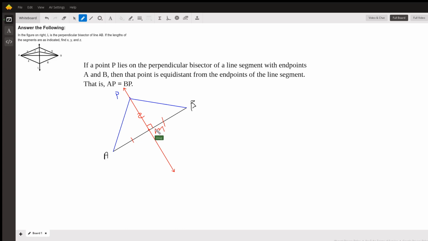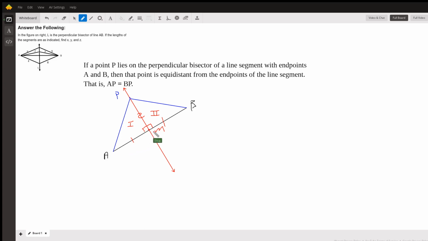So we can actually use that information to prove that these two triangles, one on the right and two on the left, are congruent. Because PM is equal to itself by the reflexive property. These right angles are congruent. All right angles are congruent.